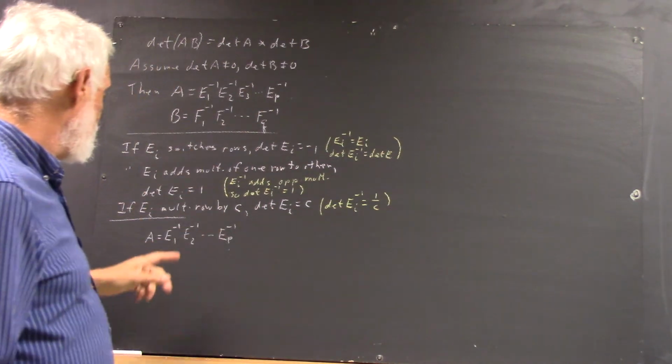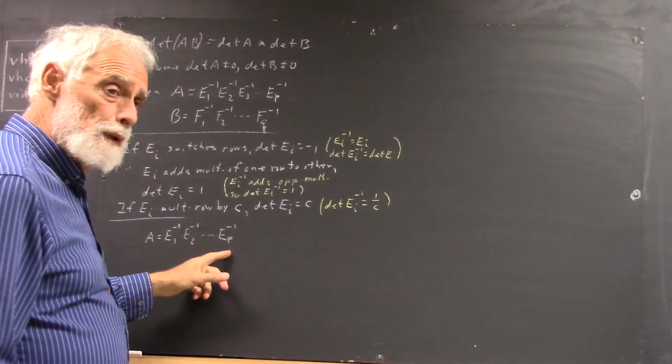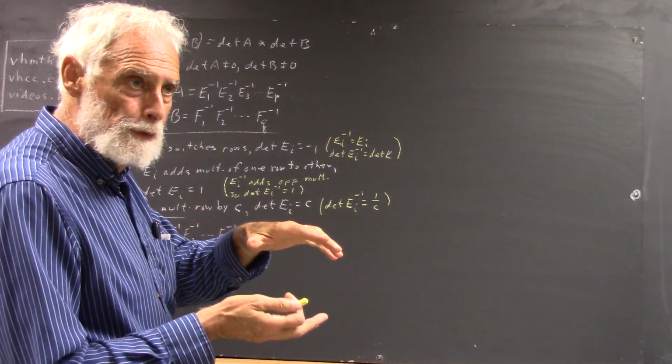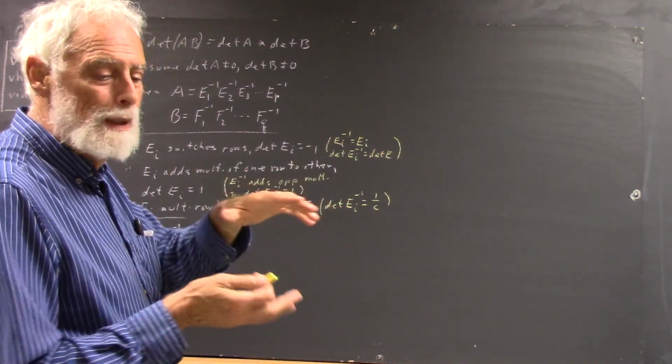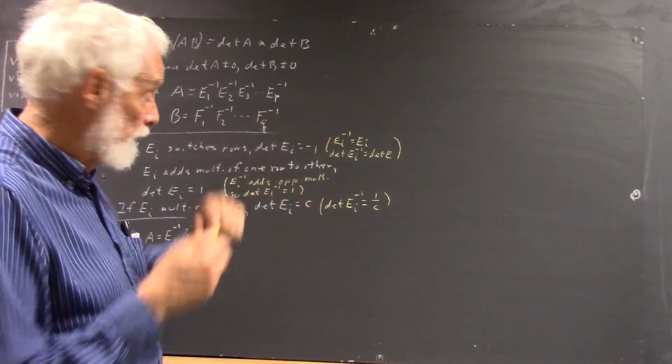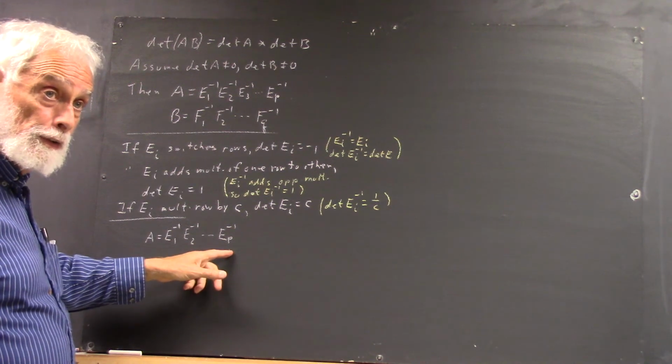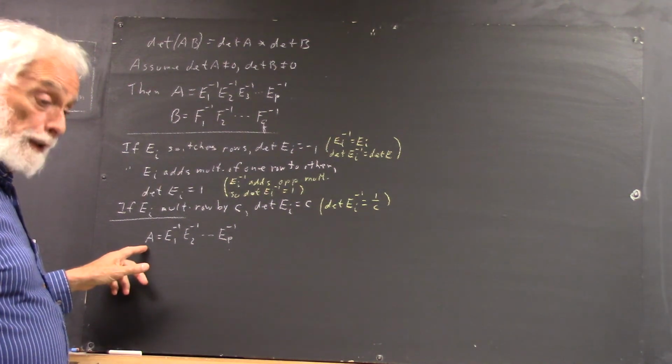Which means that the determinant of every one of these is the thing that you would multiply by the determinant of the existing matrix to get the next one. If you multiply all these determinants together, you're going to get the determinant of A.